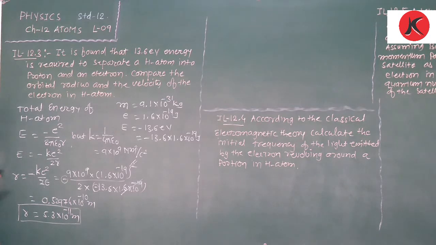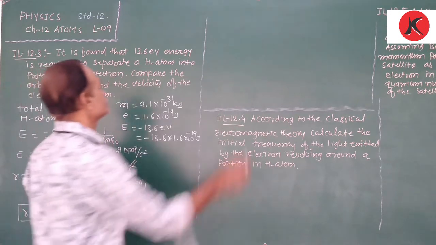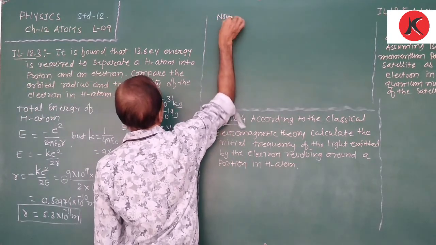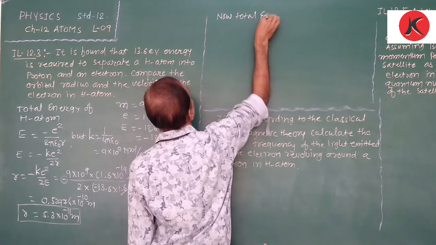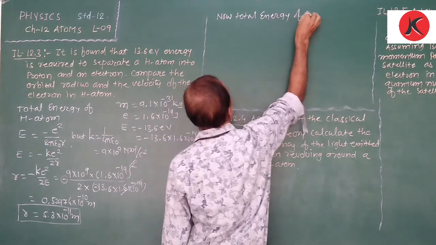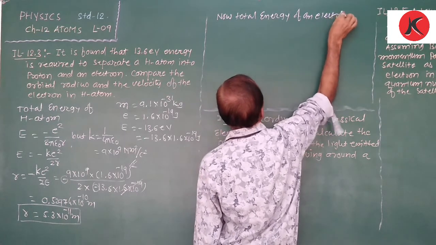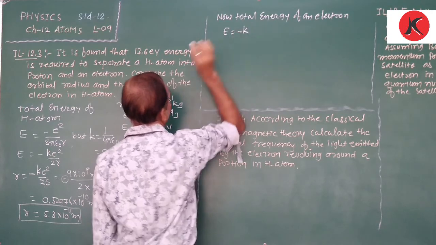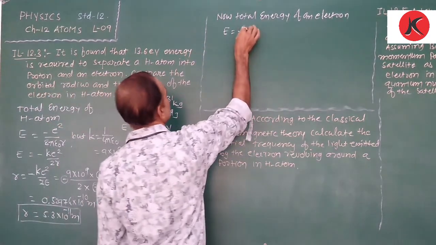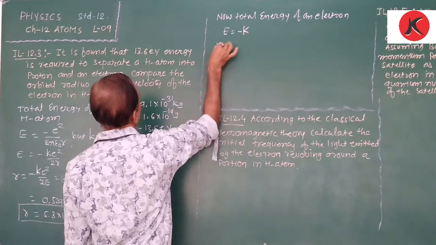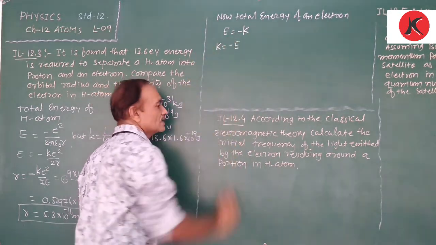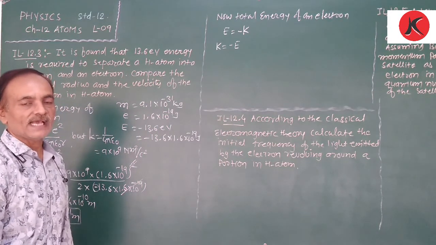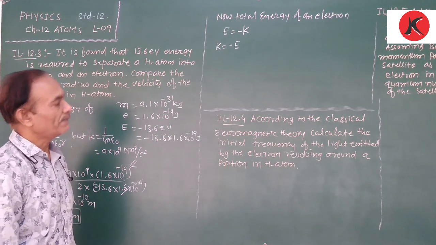Now we require the velocity of an electron. Therefore, the total energy of the electron E is equal to minus the kinetic energy K. Therefore, K is equal to minus E. We know that K is equal to half m v square.